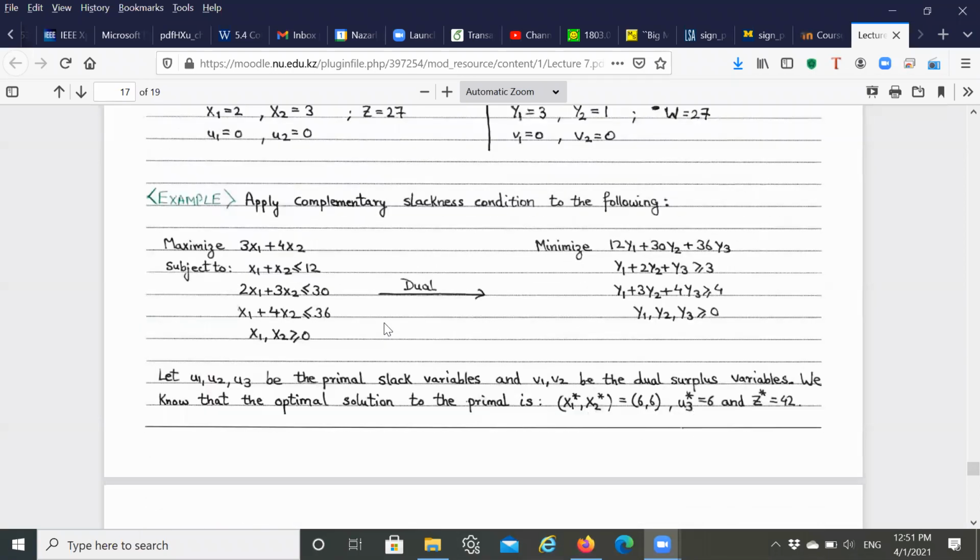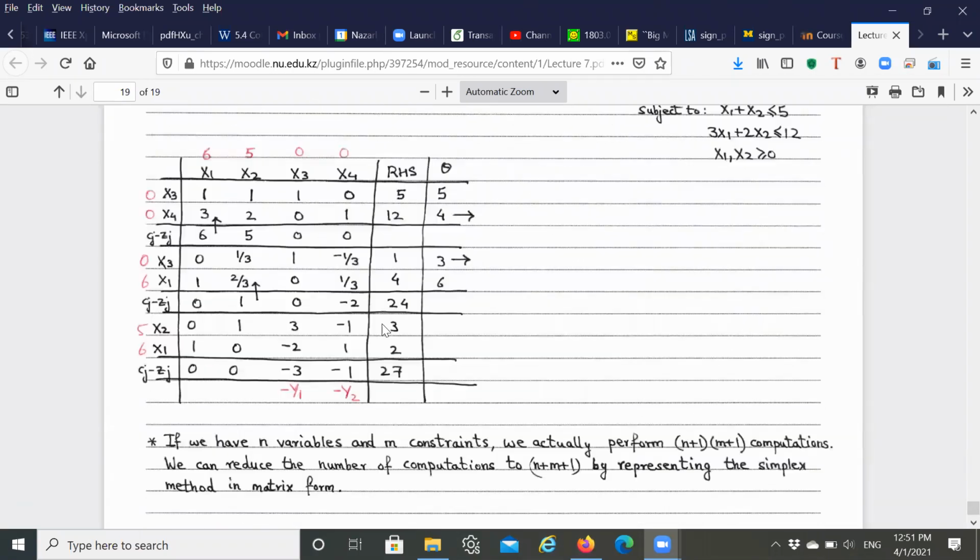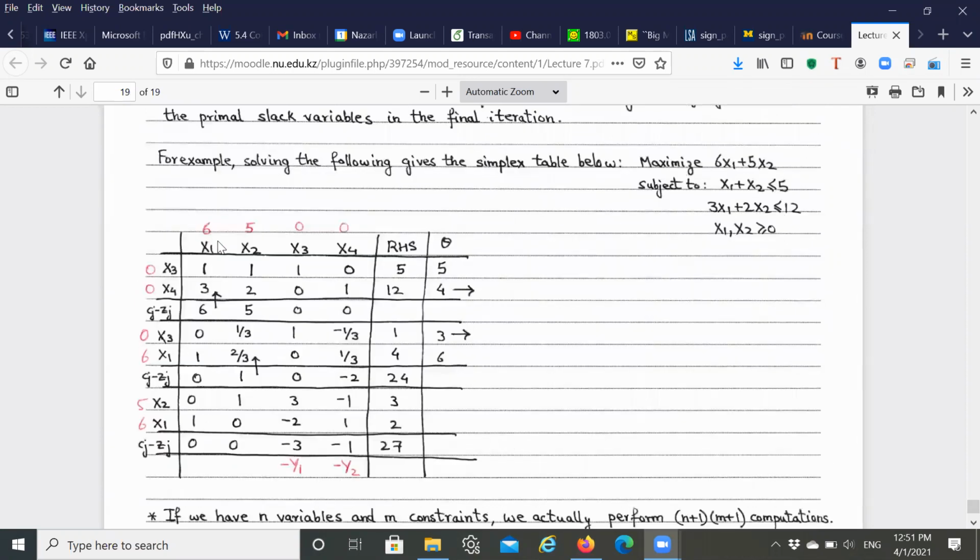Now with that said, let's go back here. I have this problem. I put it in my simplex table and I solved it. Over here, X3, X4 are basically the same as U1 and U2. Replace this with U1 and U2. Before we used to add X just in order to solve it in the very beginning, but now to show where this complementary slackness condition actually plays a role.